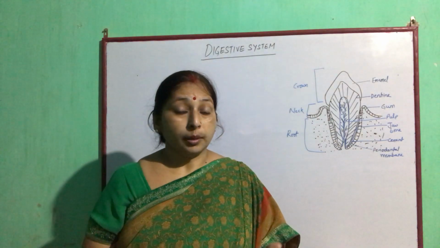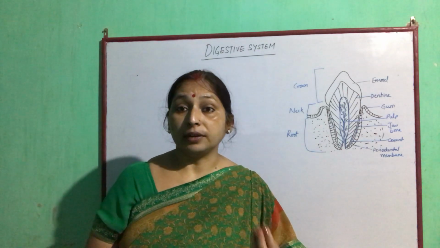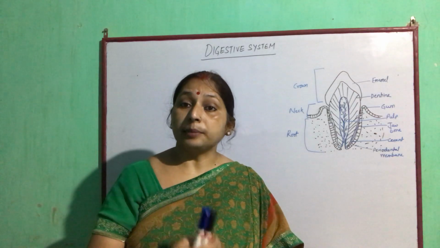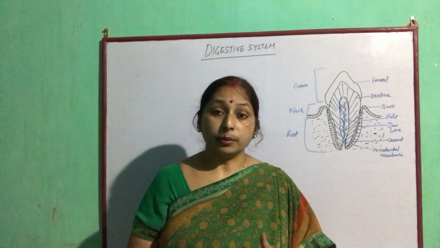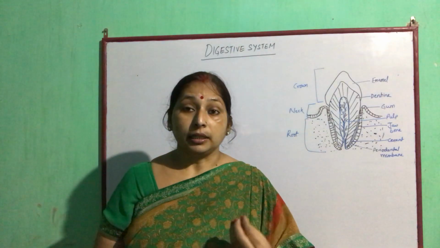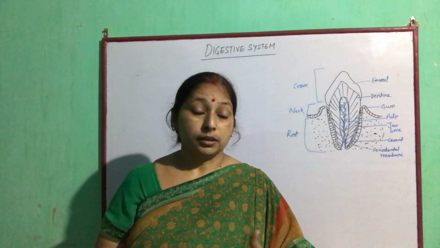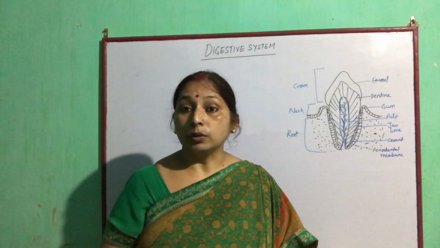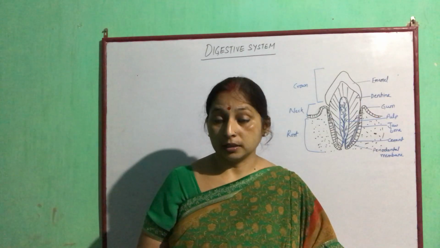What is the complete process of breakdown of the complex foods that we take, and what are the steps involved in this? Today we'll discuss the basic structures that are involved in the process of digestion. We'll start with the mouth, the structures present in the mouth, and then move to the next parts of the digestive system.